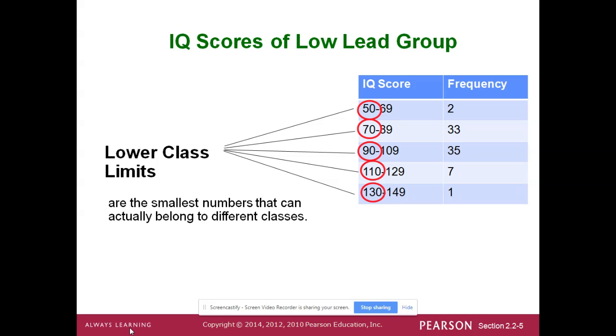It goes up to 89, and then the next class starts at 90. So when you're dealing with numerical data, there are no gaps in your classes or in your range. The lower class limit is the smallest number that can actually be in that class. So when you talk about lower class limits, that's the smallest number that's in there.